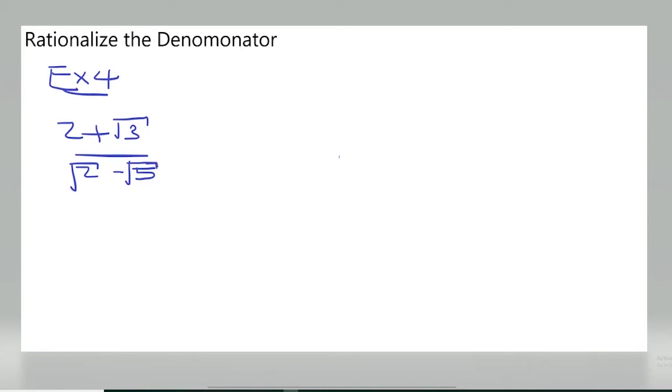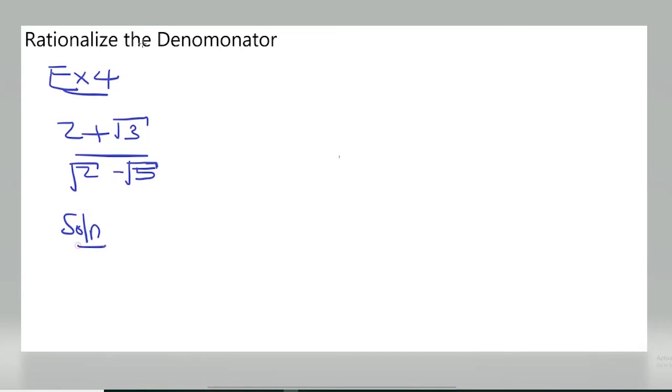Okay, but this is example number 4. You'll be given 2 plus root 3 over root 2 minus root 5. Now rationalize the denominator.